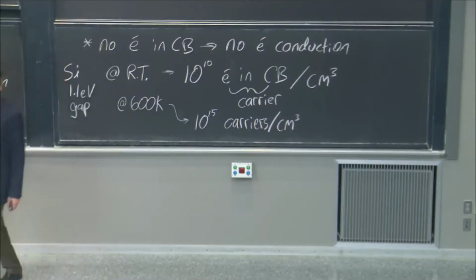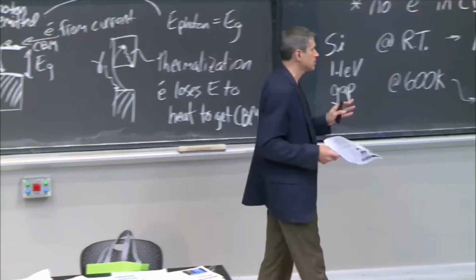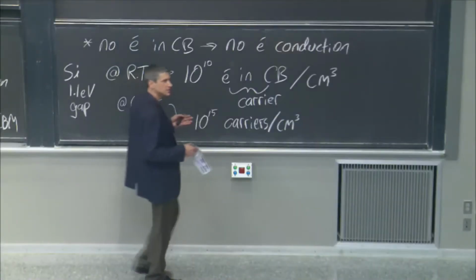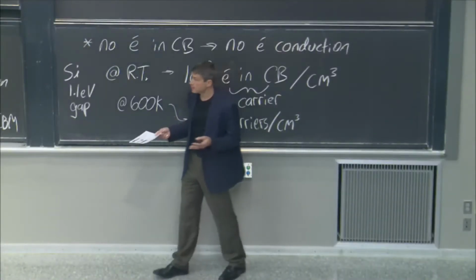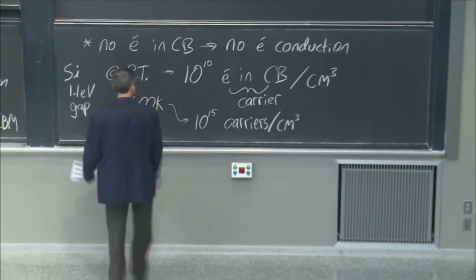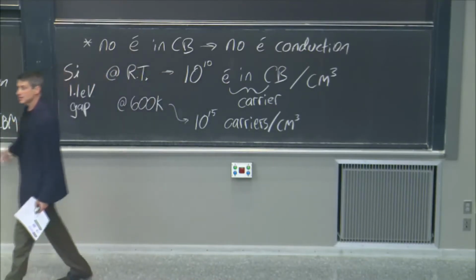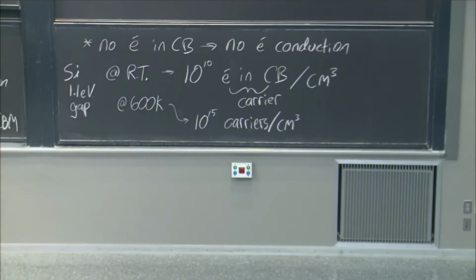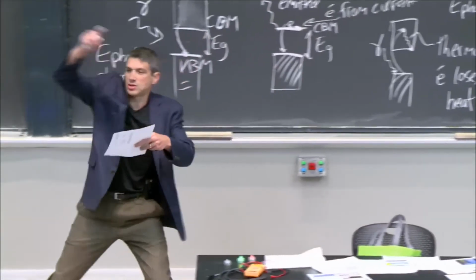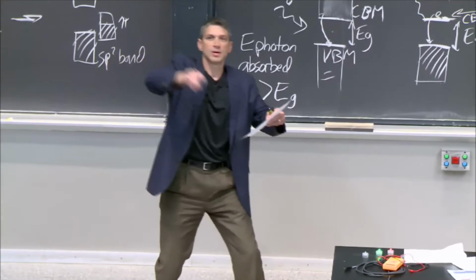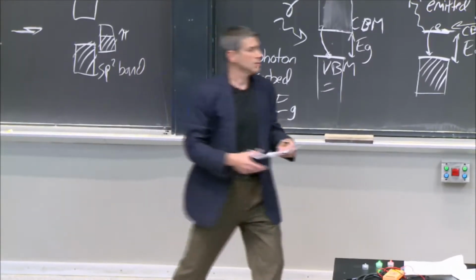Remember, as an important point, I mentioned the thermal energy of room temperature, kBT, is about 0.025 electron volts. That seems way smaller than 1.1 eV. It is. But that's because that's not what temperature really looks like. Temperature is a distribution. You don't need to know that for the band gaps.